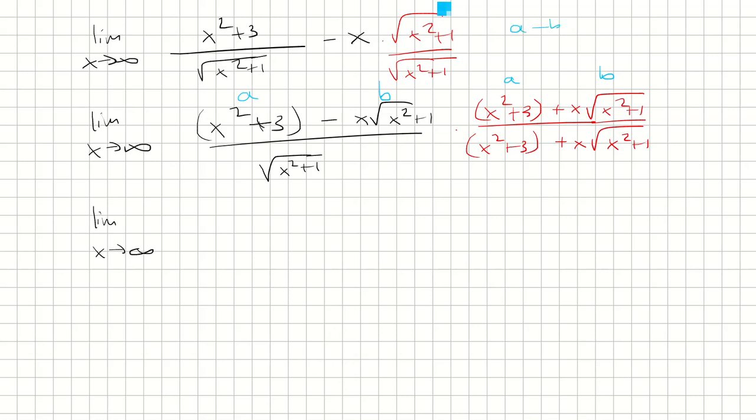You have a minus b times a plus b. That's a squared minus b squared. So we're going to square x squared plus 3, which is x to the 4th plus 6x squared plus 9. Minus, and then square x times the square root of x squared plus 1.